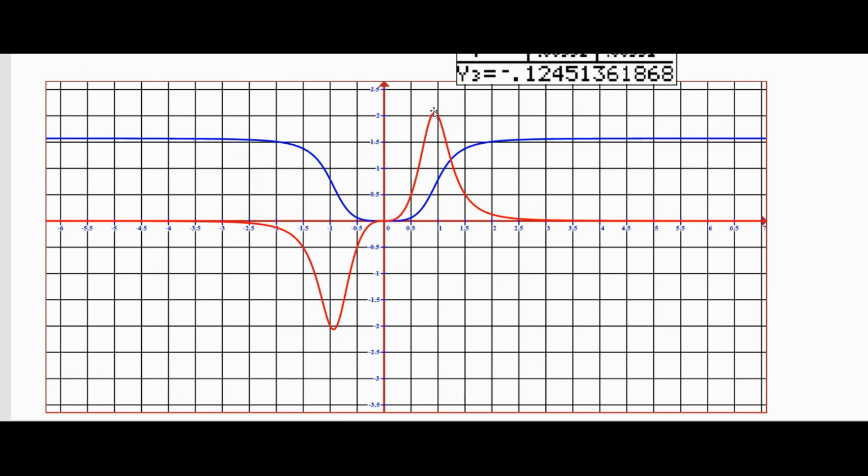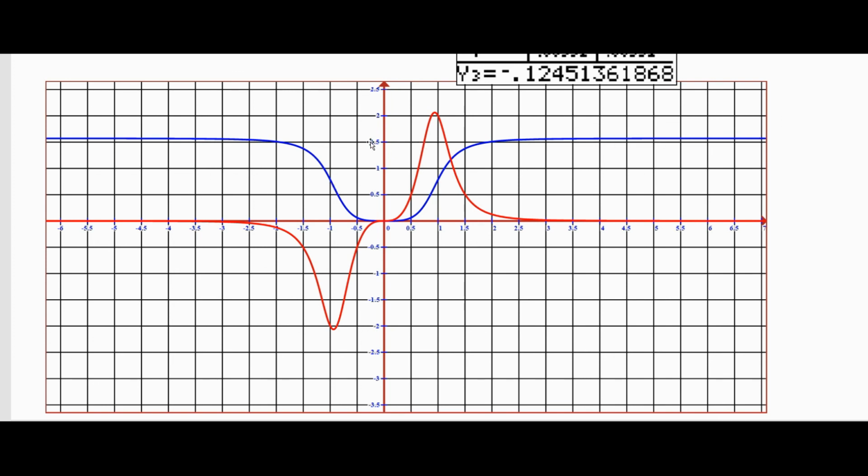The original function does have one minimum and no maximum. You may also see that the derivative has a maximum there and a minimum here. So the second derivative will be 0 there, and that will be the places where the inflection points occur. The x values, of course, will be the x values of the inflection points on the original curve.